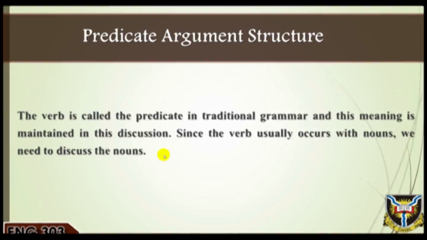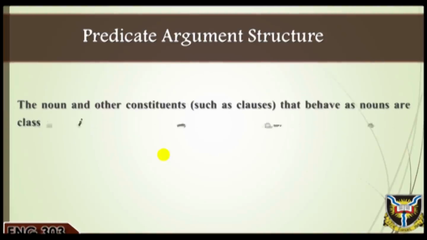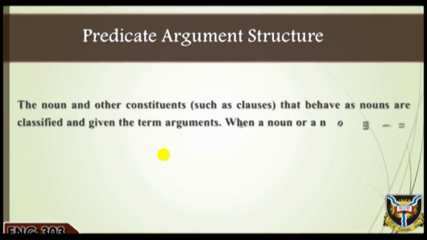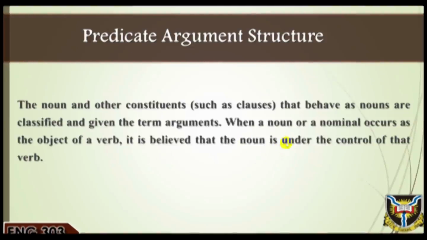Since the verb usually occurs with nouns, we need to discuss the nouns. The noun and other constituents, such as clauses that behave as nouns, are classified and given the term arguments. When a noun or a nominal occurs as the object of a verb, it is believed that the noun is under the control of that verb.